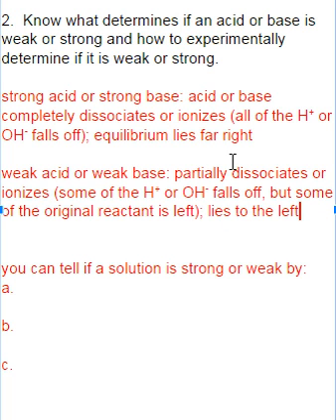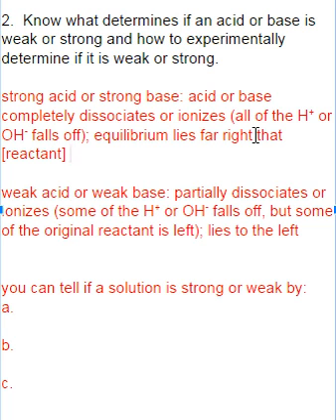And in fact, with the strong acid or base, it lies so far right that your concentration of reactant is considered to equal 0. So no equilibrium constant is calculated. But with the weak acid or base, it lies to the left and sometimes very far to the left.